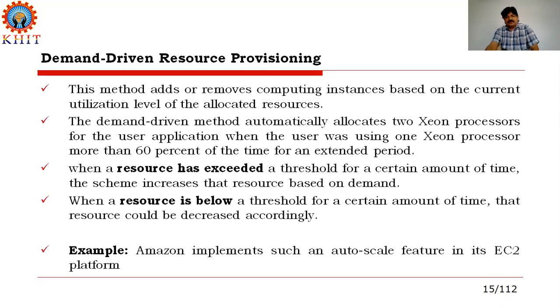So let us discuss the first resource provisioning method, the demand-driven resource provisioning method. One of the best examples for this is Amazon AWS. Amazon Web Services is a cloud that implements the auto scale up or scale down feature in the EC2, Elastic Compute Cloud platform.